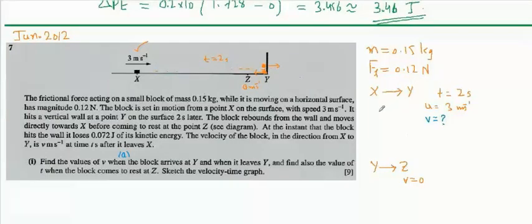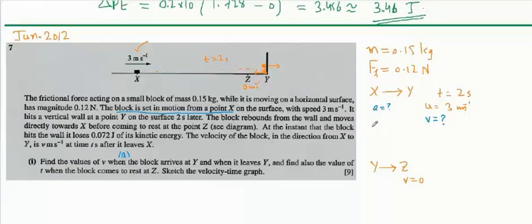We don't know a, so first we will find a, because the friction is given. The wording they used, the block is set in motion from the point x with the speed 3 meters per second, means the situation is like it may be hit by some force and then after that it is moving by itself. So there is no forward force.